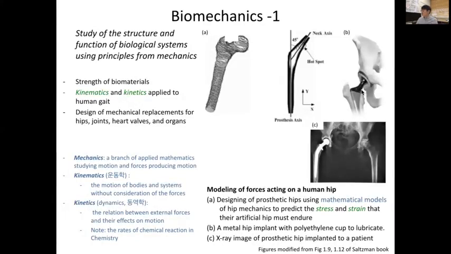And you can see in B that this hip joint is a ball and socket joint, and there are considerations: a metal hip implant with a polyethylene cup to lubricate. It's not only mechanical, but lubrication also has to be considered. These X-ray images show what is going on after this replacement.